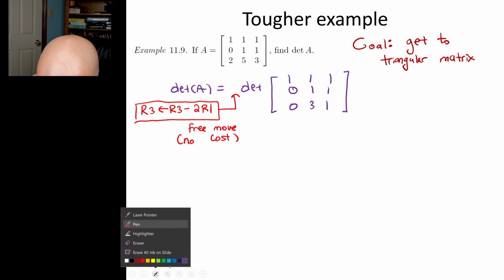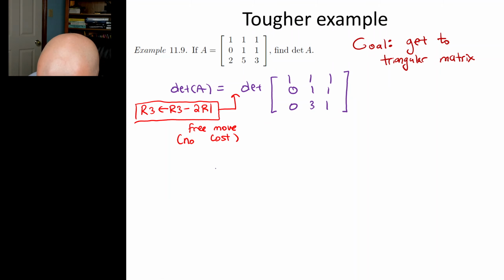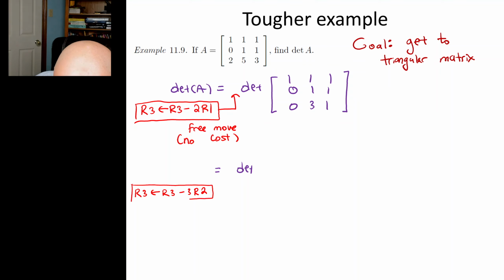So to do that, I'm going to replace row 3 by row 3 minus 3 row 2. So that's the move. It's a free move. No cost.